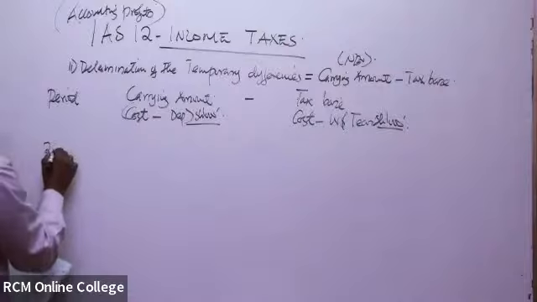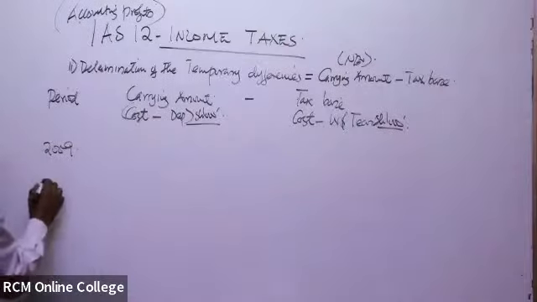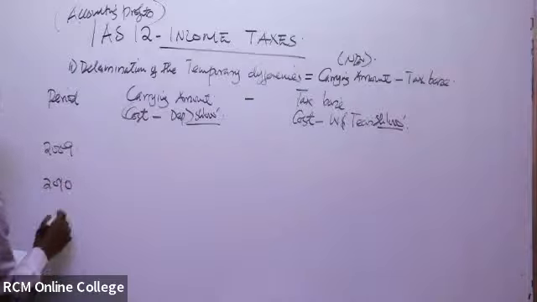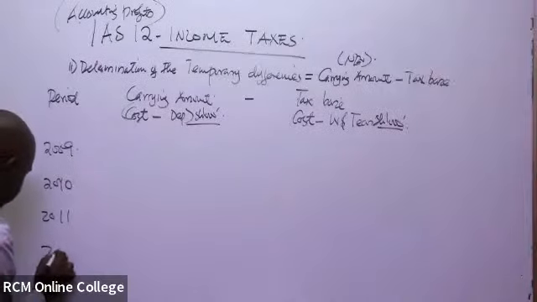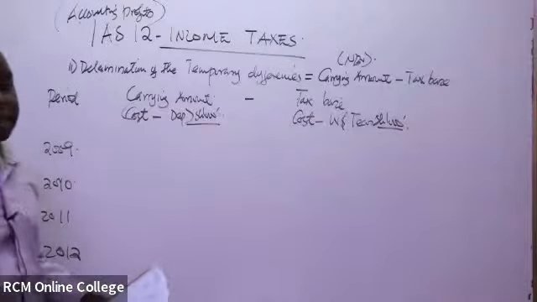So we have 2009, 2010, 2011, then 2012. The cost of the asset is how much? It is actually 4 million.